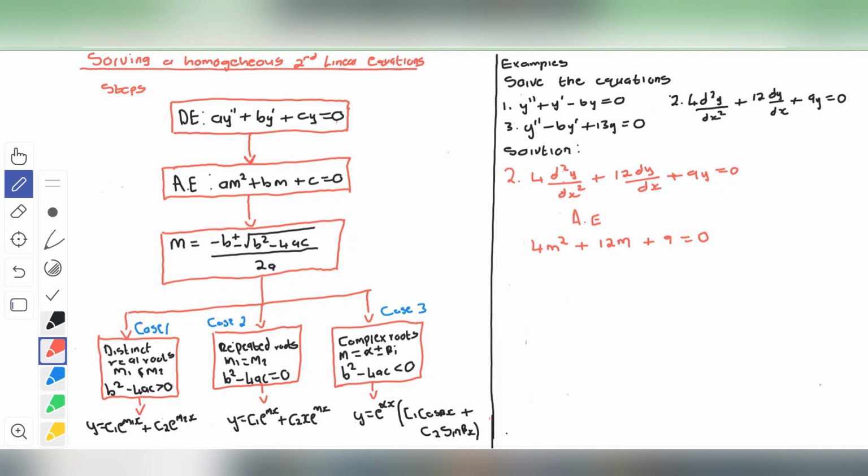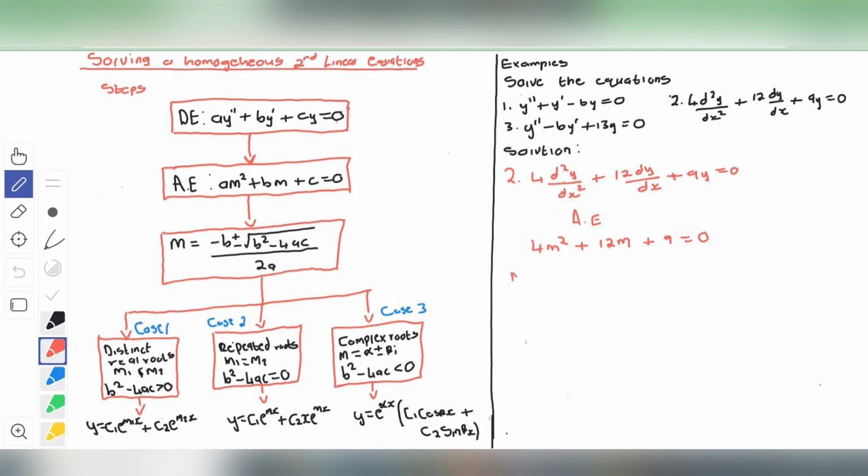After writing the auxiliary equation, we find the m value. You can either use the quadratic formula or just factorize. I prefer to use the quadratic formula here.